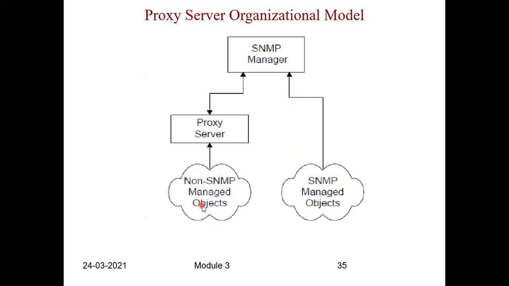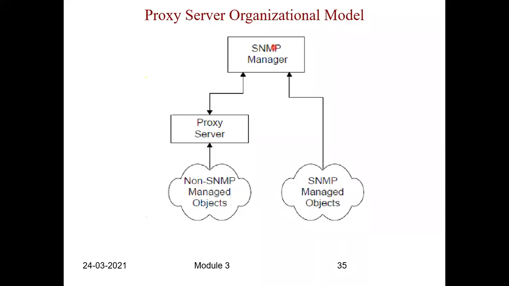Now, for the non-SNMP managed object, whatever the form of data is, it goes to a proxy server, and this proxy server will format this data into an SNMP compatible format, and then give it to the SNMP manager. I hope you understood this part.